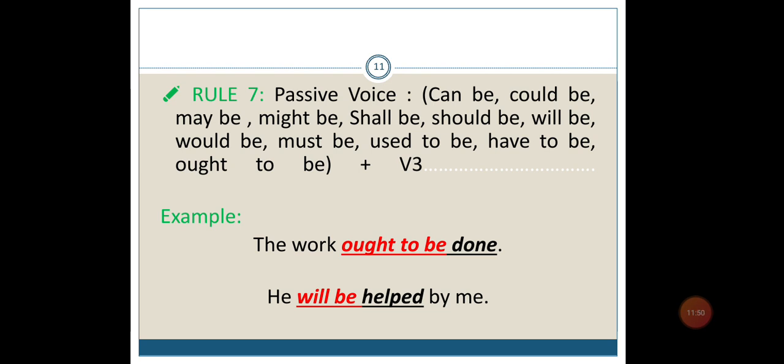This means that the subject is either less important than the action itself, or that we don't know who or what the subject is. When the subject is not mentioned, we use passive voice. Example, the work ought to be done. He will be helped by me.